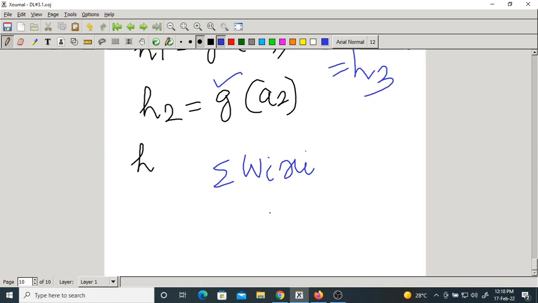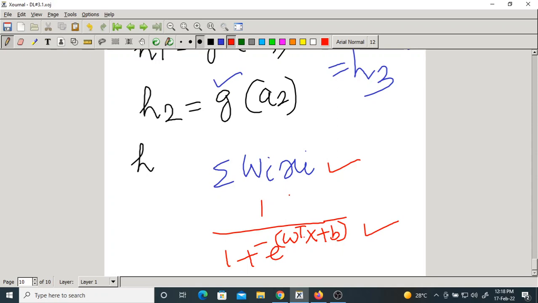In the case of the sigma neuron, we have taken some non-linearity, 1 by 1 plus e power minus w transpose x plus b. This is for the sigma neuron, that is for the perceptron. Now here we have taken this one.